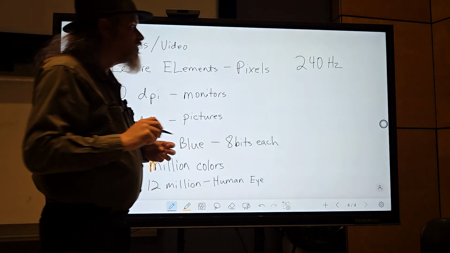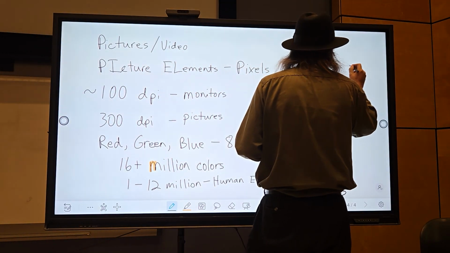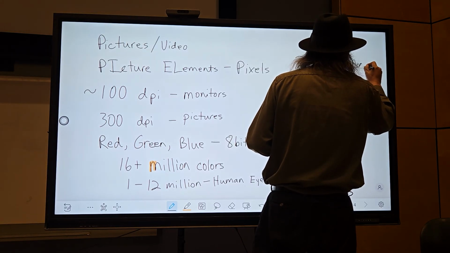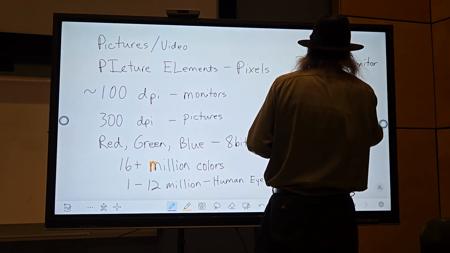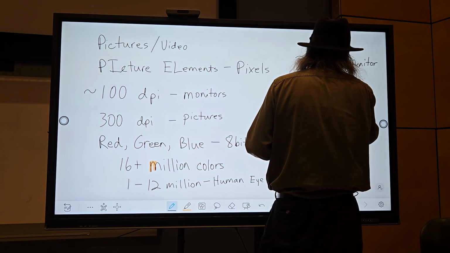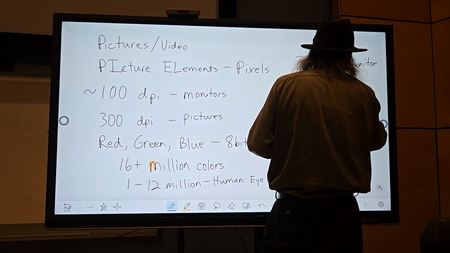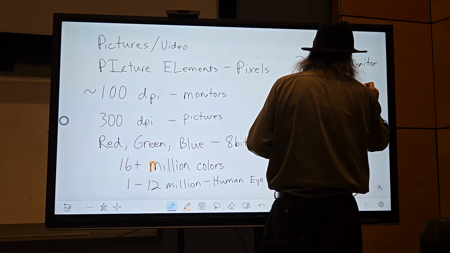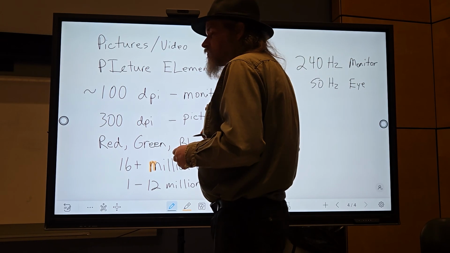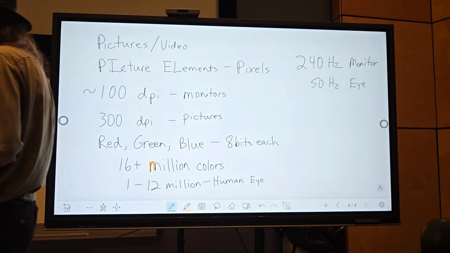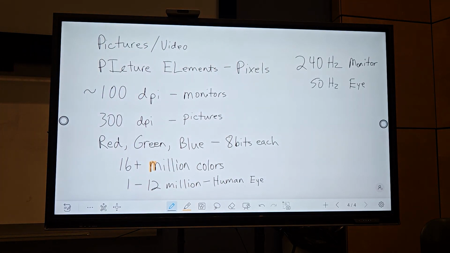Yeah, 50. So the computer screen is showing you almost 5 frames for every time the human eye effectively takes a picture.